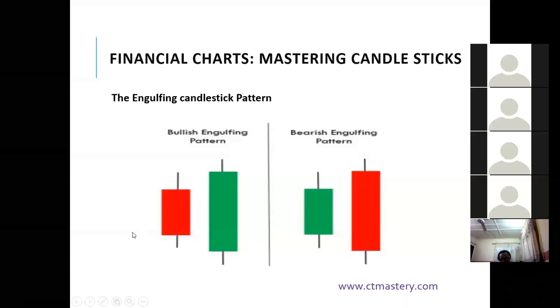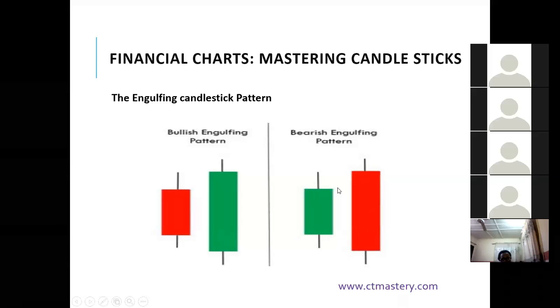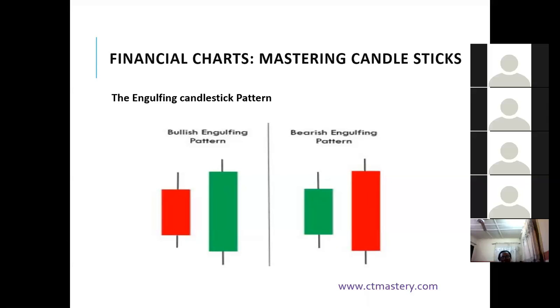When it's bullish engulfing, we are expecting the price to rise, especially if this candlestick pattern occurs at the bottom of a downtrend or a key support area. When it is bearish engulfing, we're expecting the market to fall or to take a downward trend, especially if this occurs at the top of an uptrend or a key resistance area.